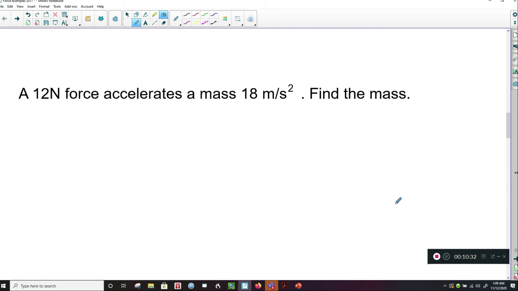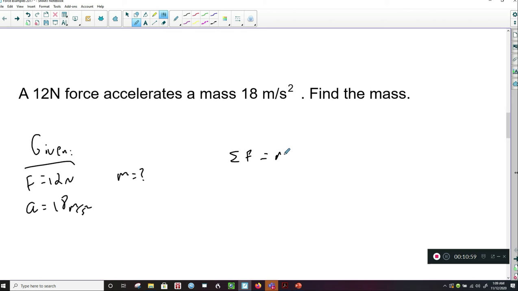It's just like the one before. So again, we do sigma F equals ma.